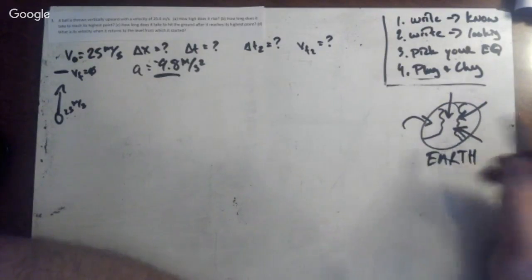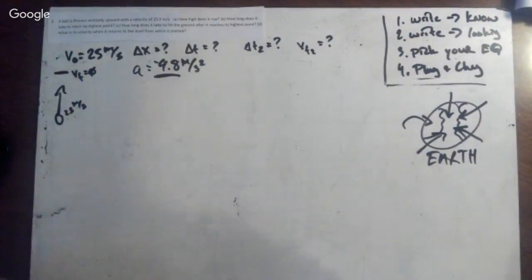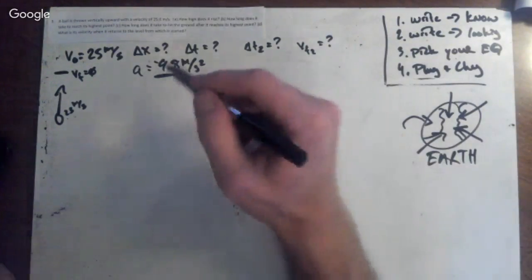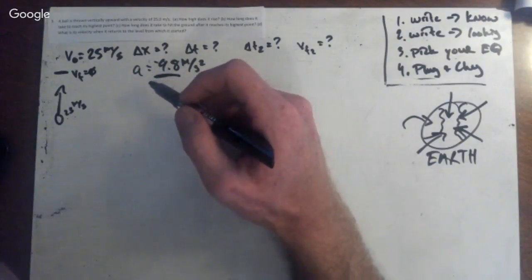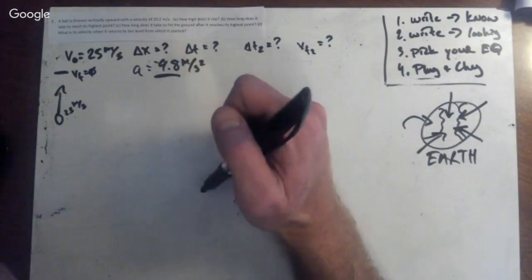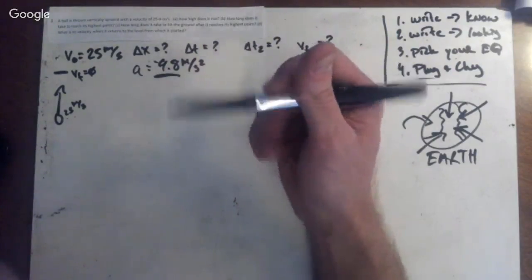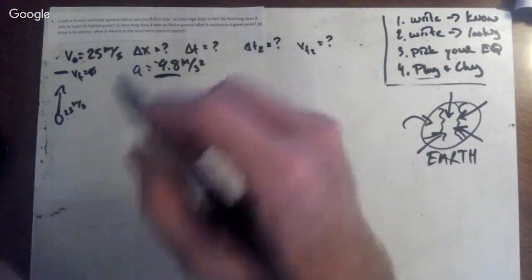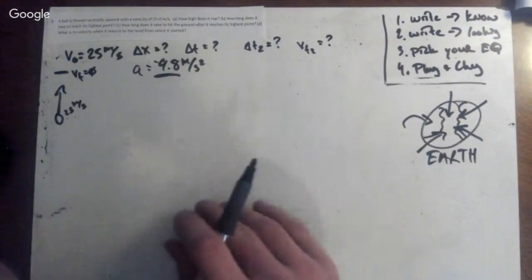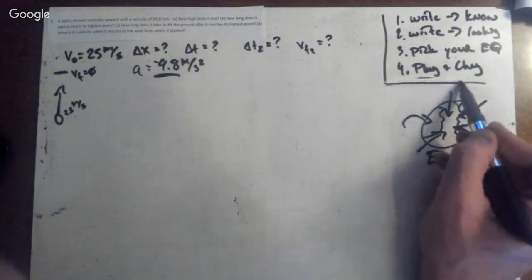No matter what side of the oblate spheroid that we're standing on, the acceleration is towards the center of the Earth. And we have defined that as down generally. If we called up negative and down positive, then the sign would change, but that doesn't matter. As long as you're consistent throughout your math, you'll be fine.